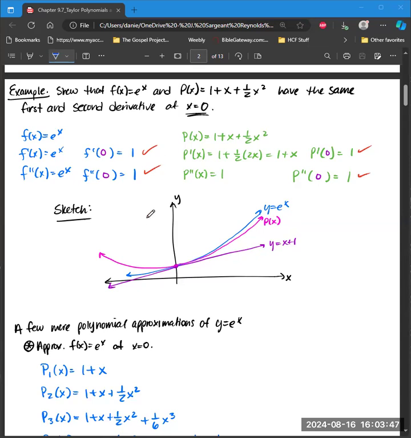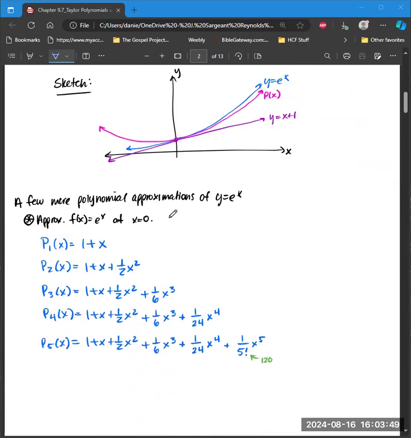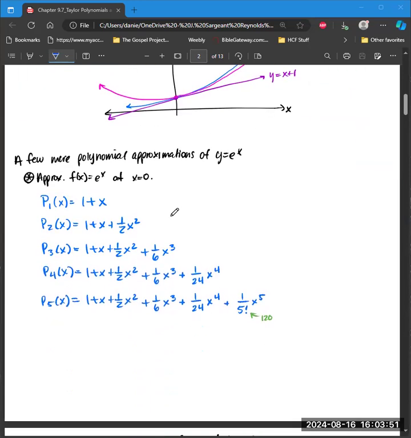So a few more polynomial approximations of y equals e to the x. So p1 of x is 1 plus x. We just talked about p2 of x, the second degree polynomial that approximates e to the x, which is 1 plus x plus 1/2 x squared. P3 is going to be 1 plus x plus 1/2 x squared plus 1/6 x to the third. And I don't know if you're going to see the pattern here.